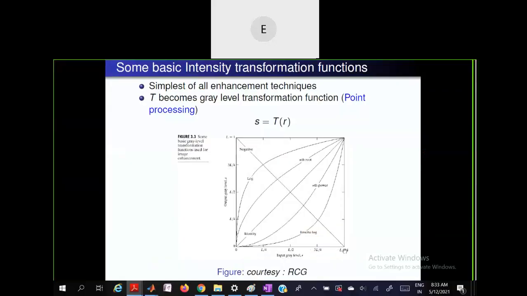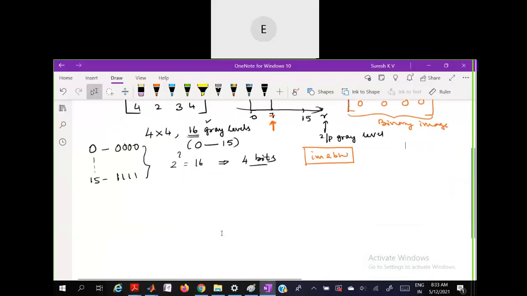The x-axis is 0 to L minus 1, the y-axis is also 0 to L minus 1. If you take this curve, what do you think is happening here? In fact, it is already written here. Can somebody respond?